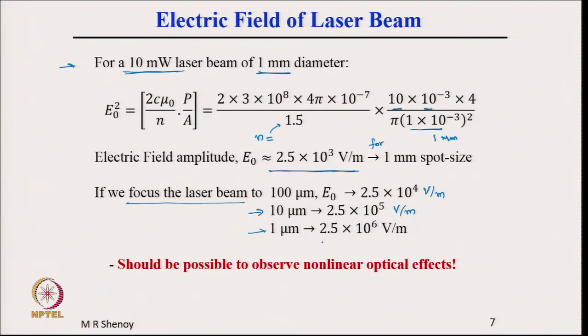The electric field associated with the light beam at the focus is 2.5 into 10 to the power of 6 volt per meter. This tells us that it should be possible to observe nonlinear optical effects using high intensity laser beams or using focused laser beams. So, that is the conclusion that we get by putting these numbers.